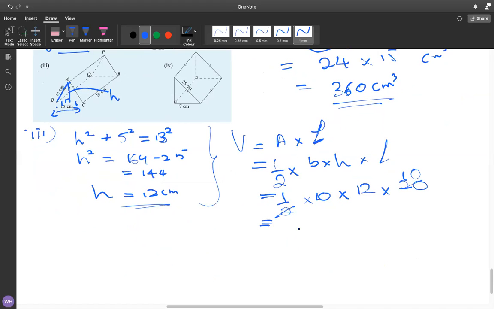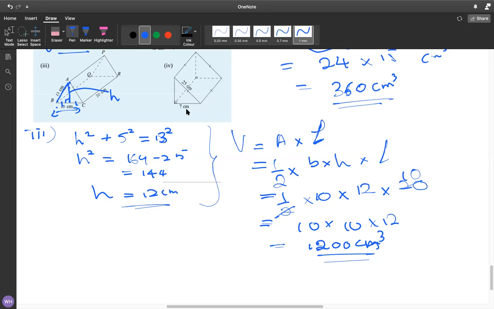So 10 into 10 into 12, so altogether 100. No, not rupees, cubic centimeters, right? Okay, this one also same.